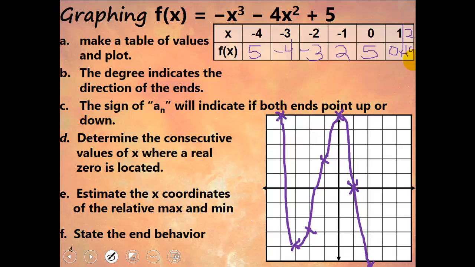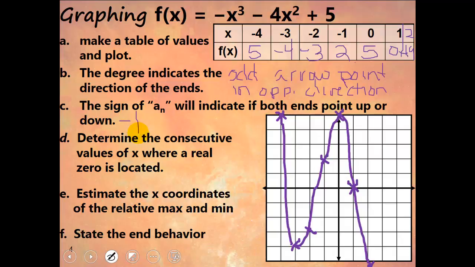Okay, so the degree is odd, so my arrows point in opposite directions. One's going to go up, one's going to go down. And then it's helpful if we know which is which. So again, we're going to look at the leading coefficient. This is a -1. The sign of a sub n is negative, okay?